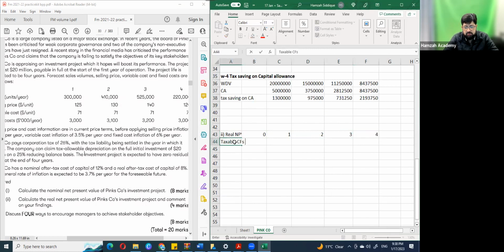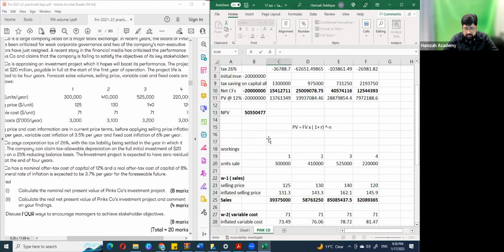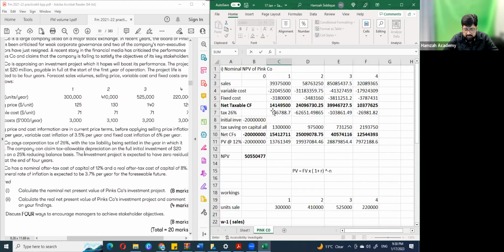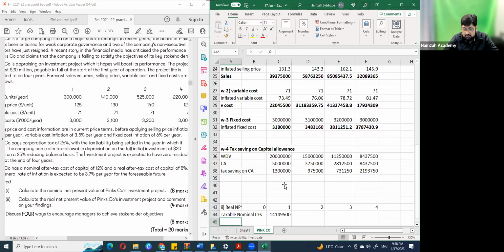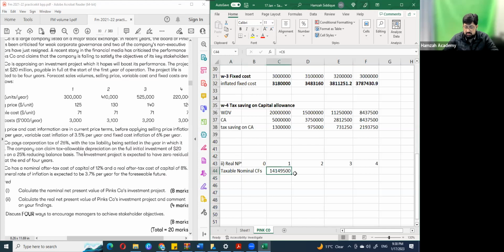Taxable cash flows, taxable nominal cash flows. Here we are. These are the nominal cash flows.